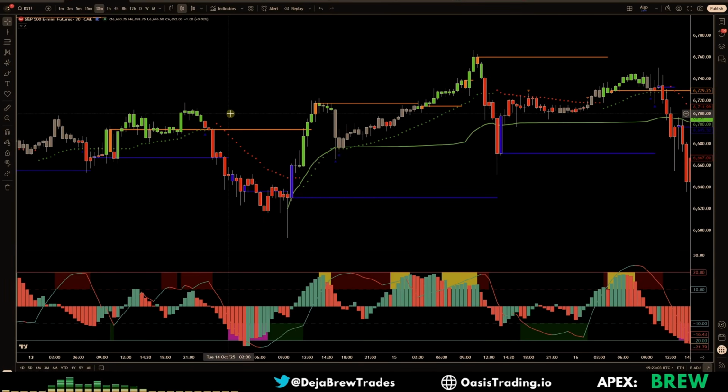So look at the confluence on this trade. Look at everything lining up in the same way. We have the bull flag into VWAP. We have the trail signal giving us buy the dip signals. We have the trap confirmation on the MoMo, which I will agree that in this example, it is a little bit late. It gave you the trap confirmation right on this candle. So it was a couple candles late.